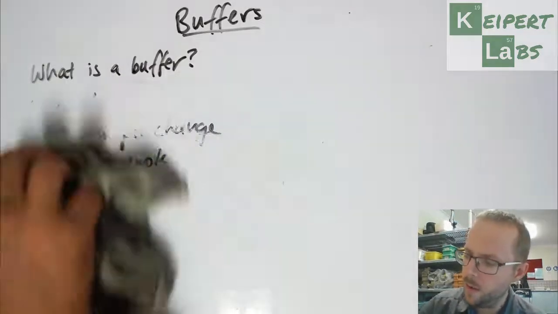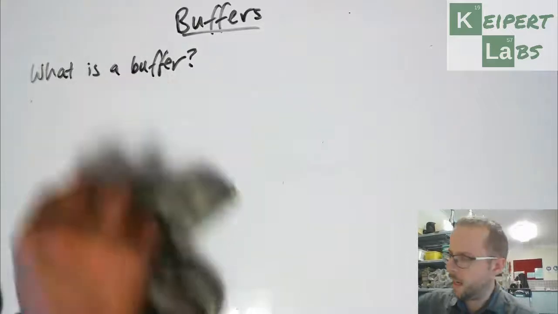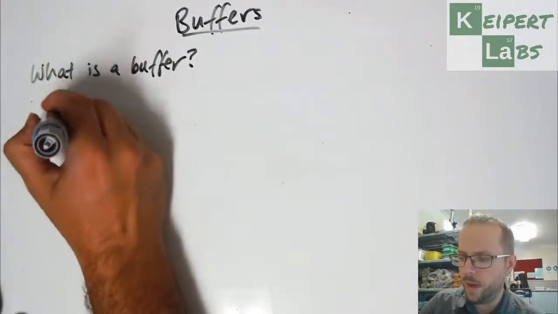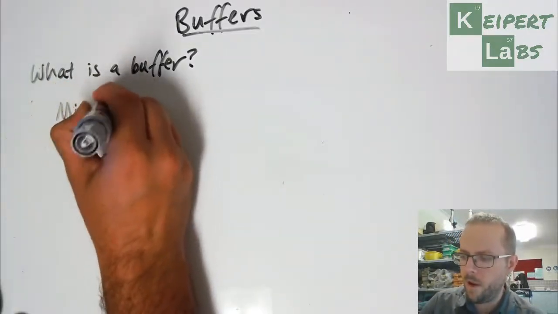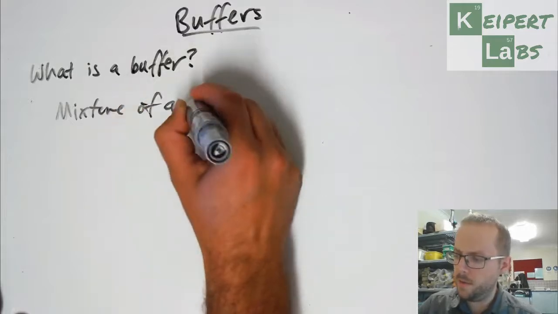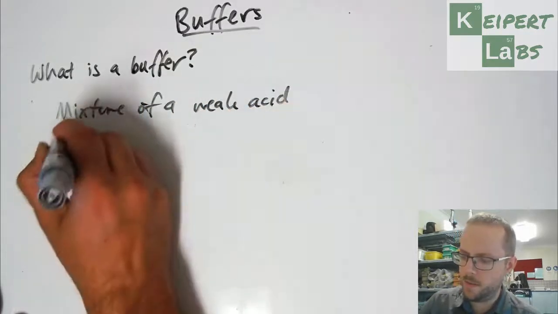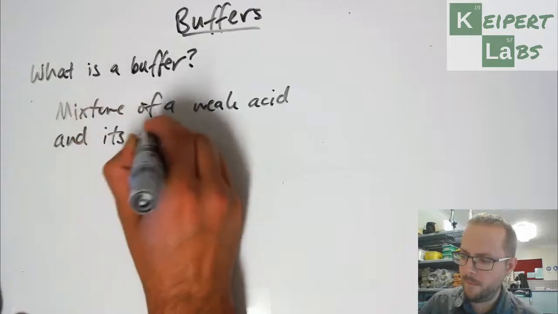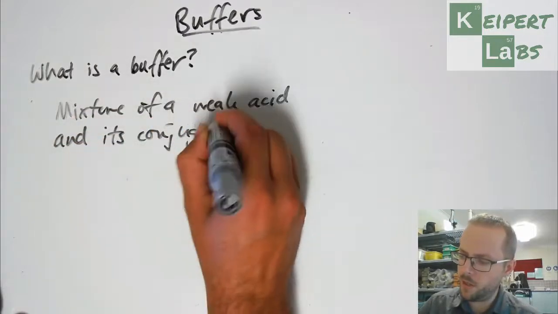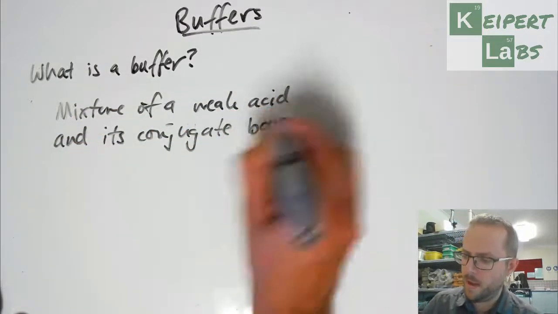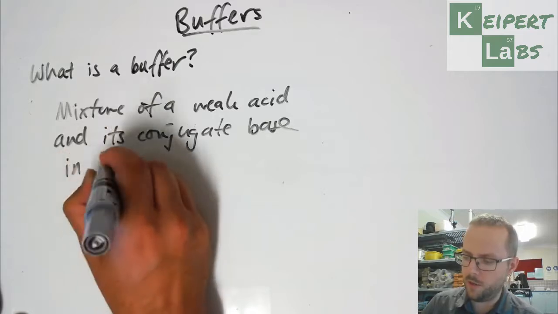Okay, so for a buffer, we've got a mixture of a weak acid and its conjugate base in high concentrations.